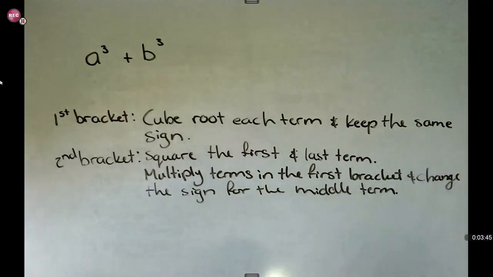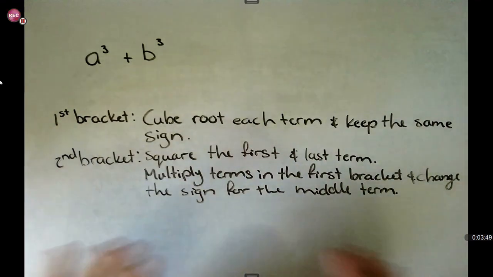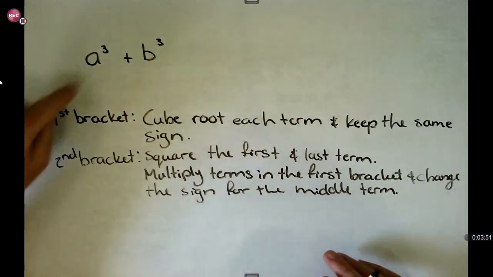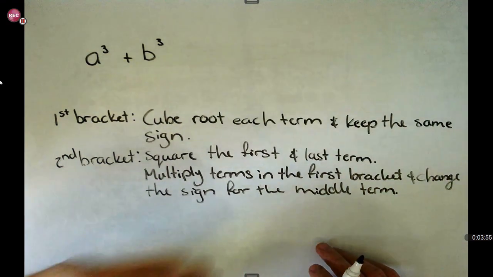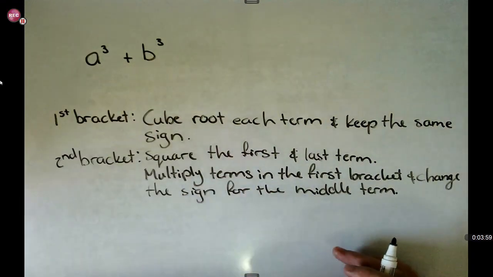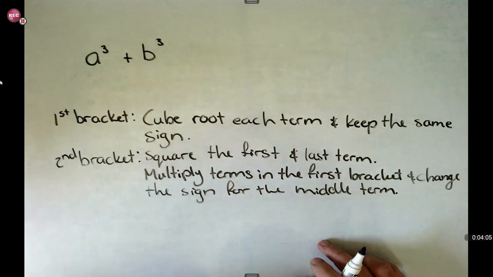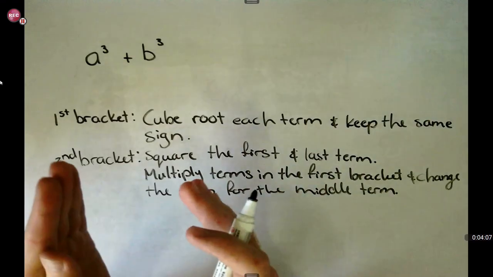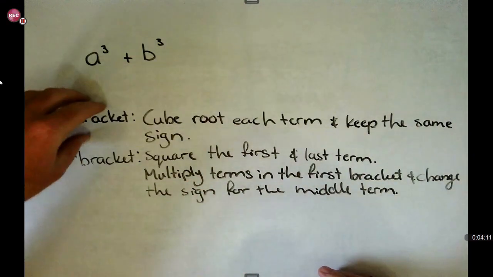Now this is something that you need to keep in mind. These are just notes. Everything that I've put down here for you now, I will implement on this question, and we'll discuss questions that go from easy all the way to the most difficult type of question. So first bracket, cube root each of these. Remember, you need to form two brackets, two sections of that question. To get the first bracket, we cube root.